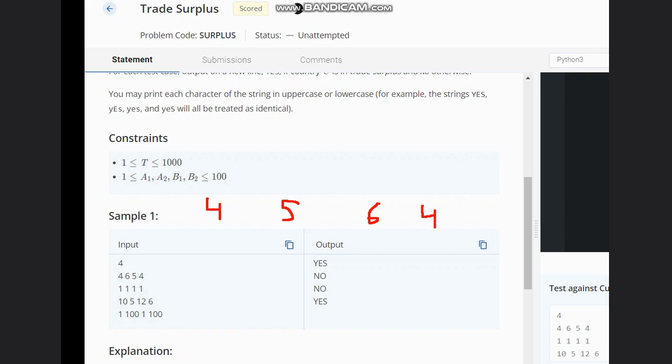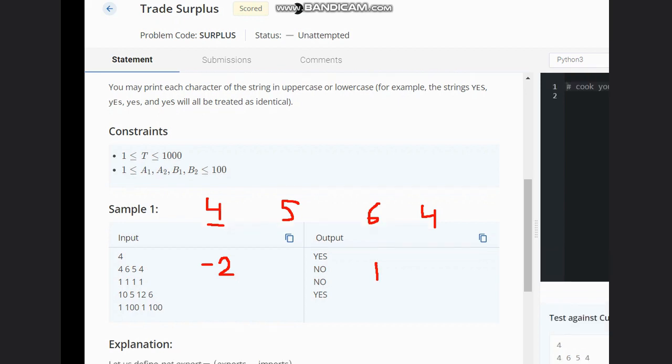So if you see, exports minus imports for A is negative, which is -2, and exports minus imports for B is +1, which is 5 minus 4. Hence the net exports combined are -2 plus 1, which is -1. As net export is -1, the export of C would be 1 and yes would be printed here, as it is the trade surplus.